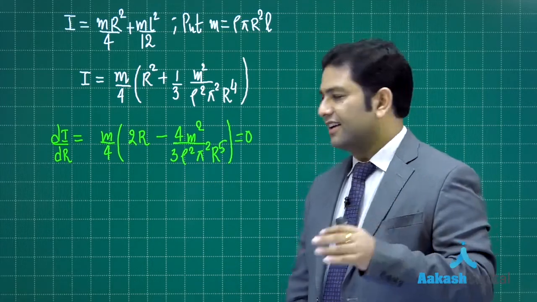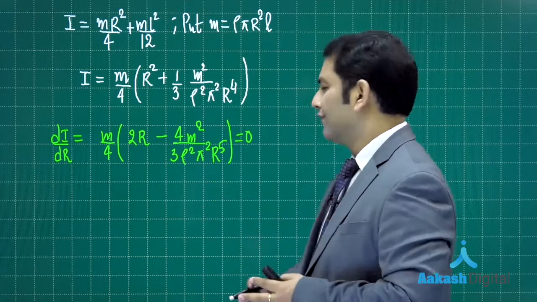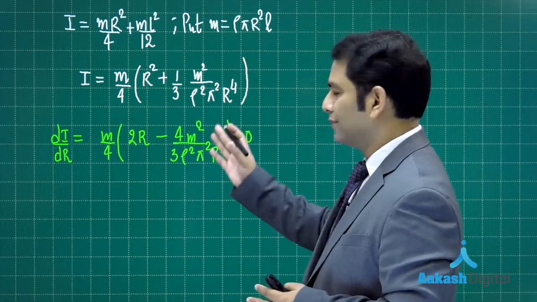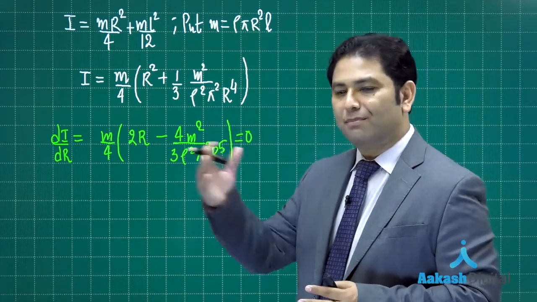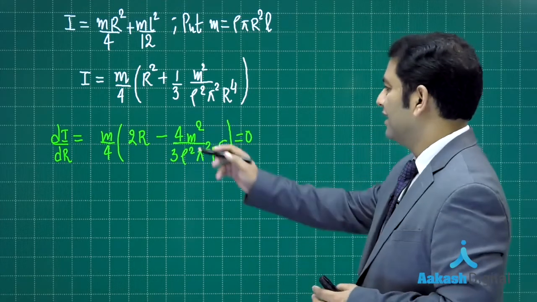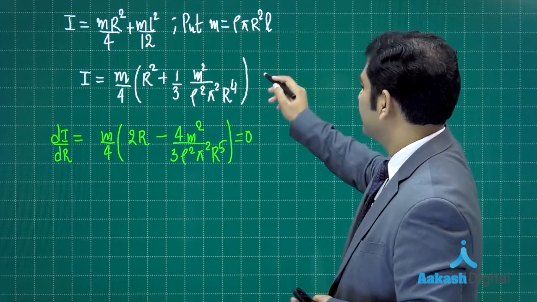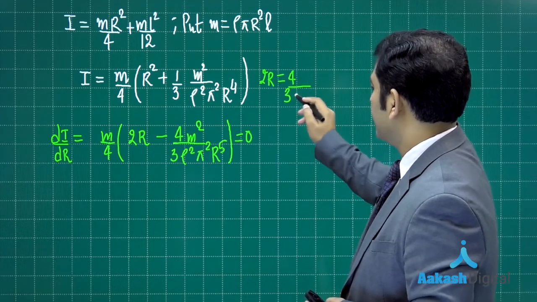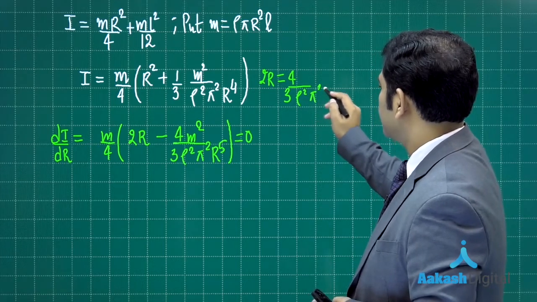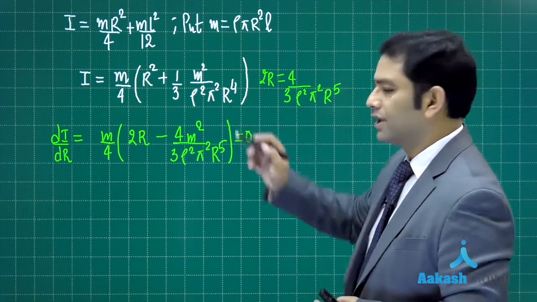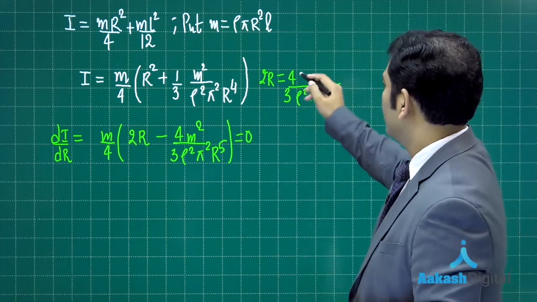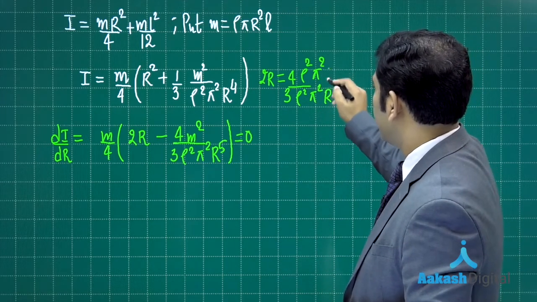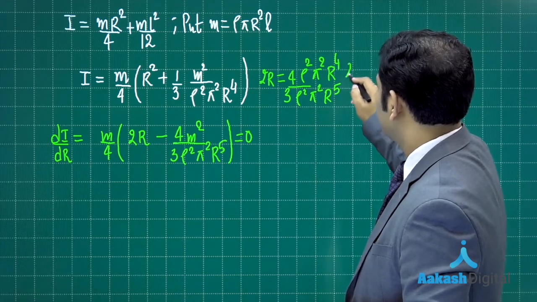Is that fine? Now, how do we involve L? Back again, you need to put the value of m as rho pi r square L. So let's do that. Now we are left with a very little one. This is going to be 2r equals 4 by 3 rho square pi square r raised to the power 5, and for the mass, that's rho square into pi square r raised to the power 4 into L square.